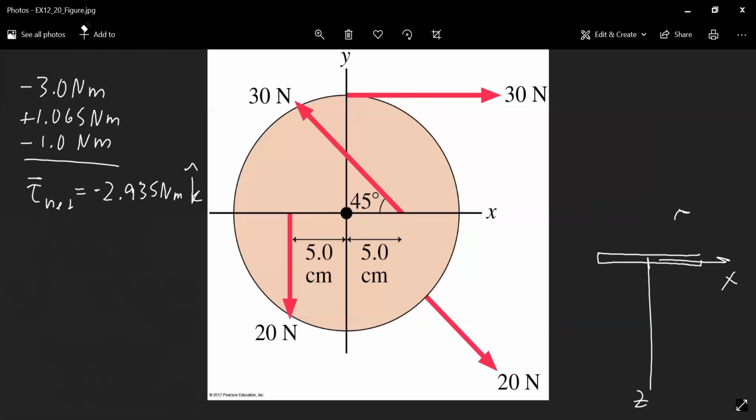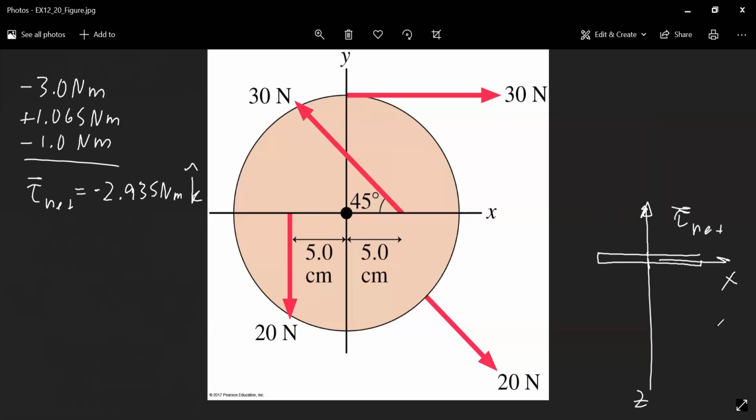So the net torque then points towards the negative z. Oh, I see. I have a squiggly tau that stuck around. So that's the direction of net torque. Oh, I guess I could just use it. Tau net. There we go.